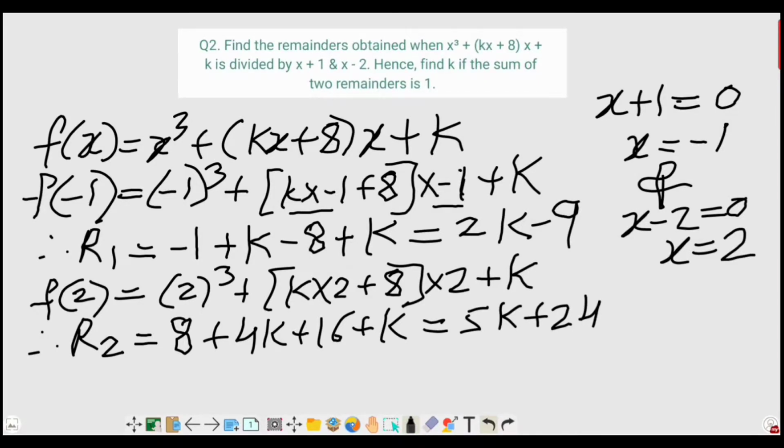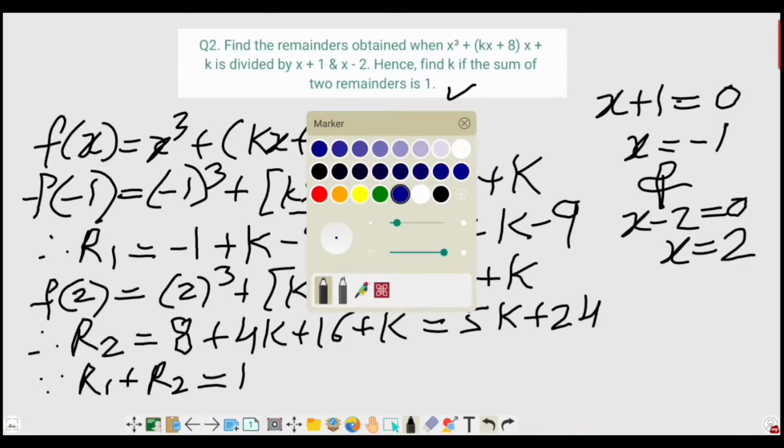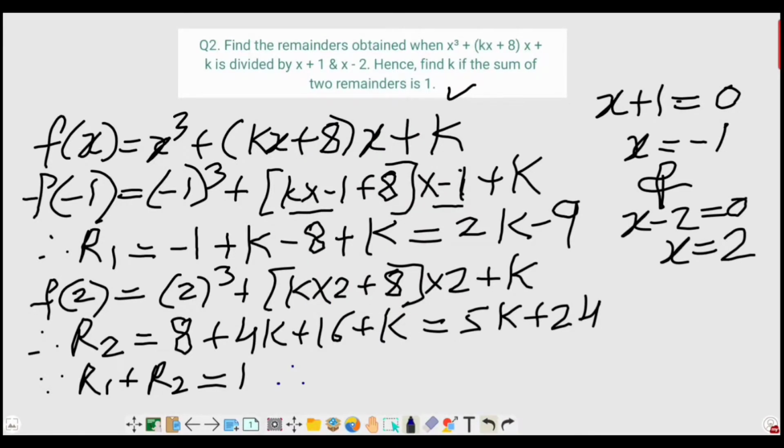Now it is given that the sum of the two remainders is 1. Since R1 plus R2 is equal to 1, now you can substitute their values. Therefore, 2k minus 9 plus 5k plus 24 together will give you 1.